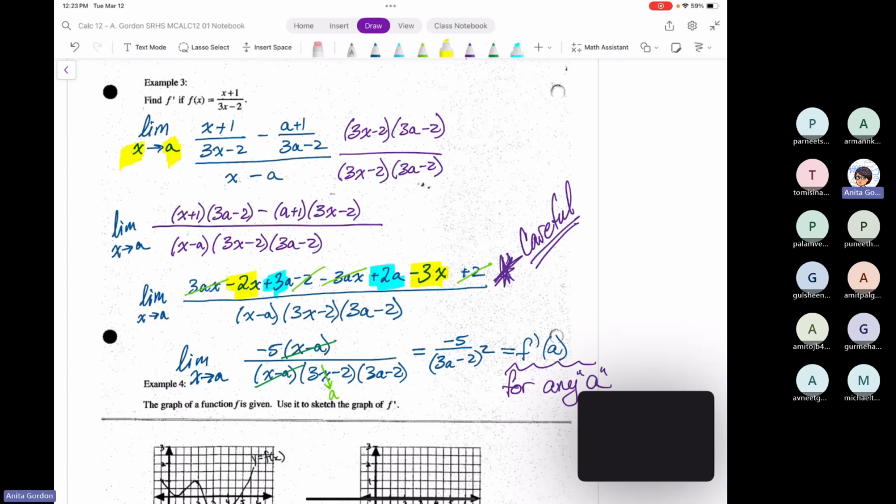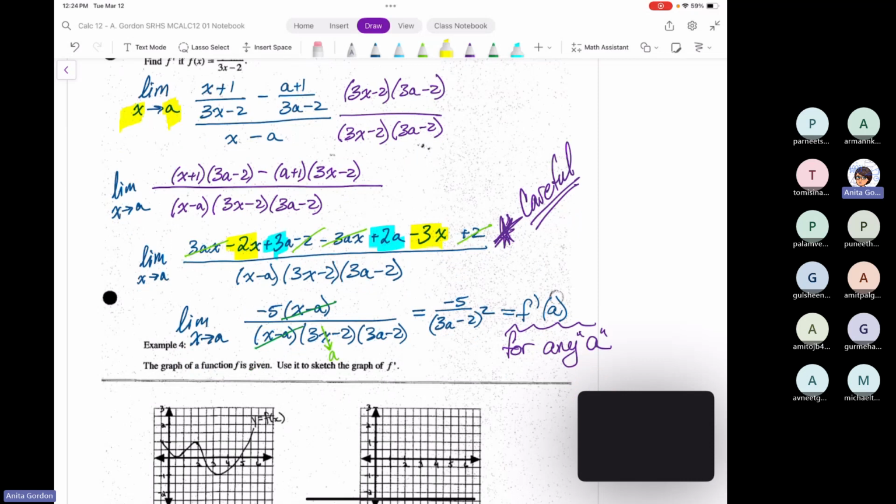So when you use the limit h goes to 0 method, because h goes to 0, your point of interest is a general x. Here it's a general a, but remember, letters are just representations. So it doesn't actually matter what you call it because this is still a general derivative. This is not a specific derivative at a point.